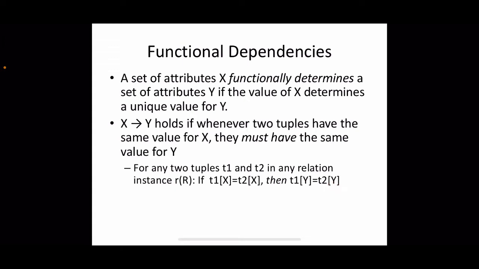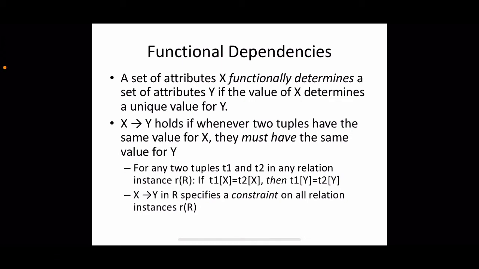Then we say that X functionally determines Y. It is actually a constraint on R. If we specify a functional dependency from X to Y, it should hold for all the instances, for all the tuples in the corresponding relation.